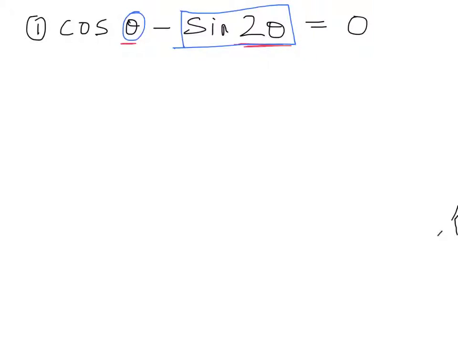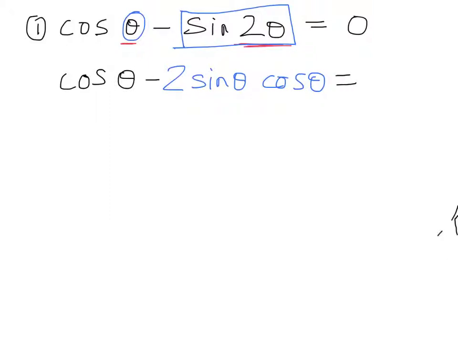Now sine 2 theta only has one possibility. Sine 2 theta is equivalent to 2 sine theta cosine theta. If you bring down the cosine theta from above, you see that it's similar to what we've been doing.